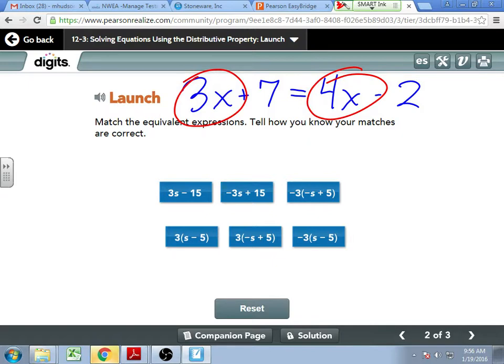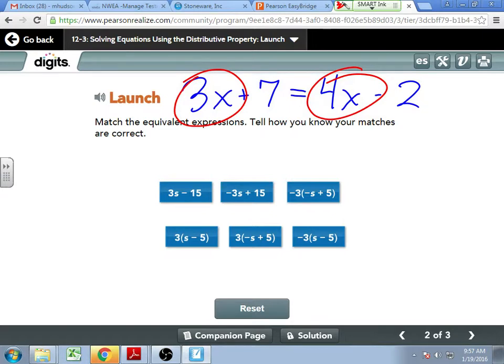Olivia? I think that you would add 2 to the 7. Close. James? You add 2 to both sides. I would do something to both sides, and I would actually do 2 different things to both sides, not the same thing twice. Ella?